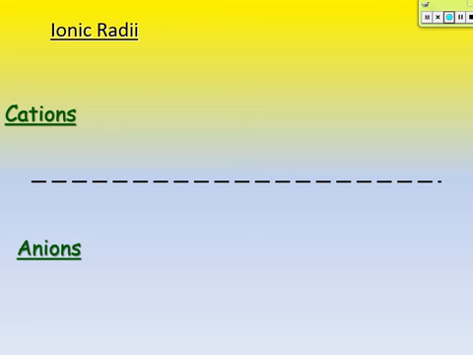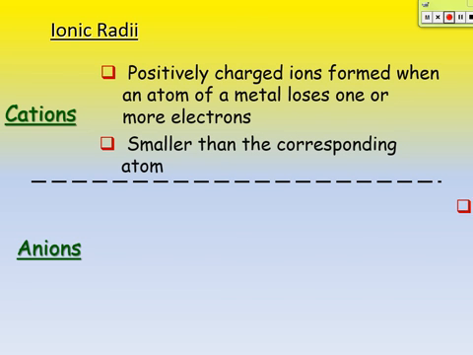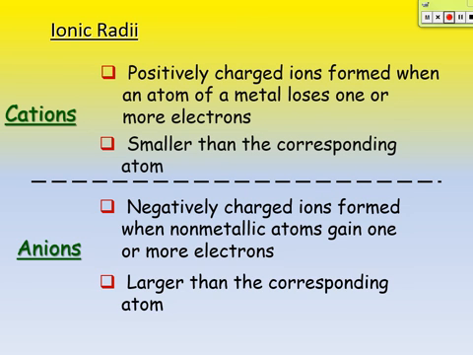This section is on atomic radii, but it's ionic radii. Let me get all this stuff up here and then we'll talk about it. Okay? So this is brand new stuff. Please pay attention as we go through this. There are these things called cations, and there are things called anions in chemistry.